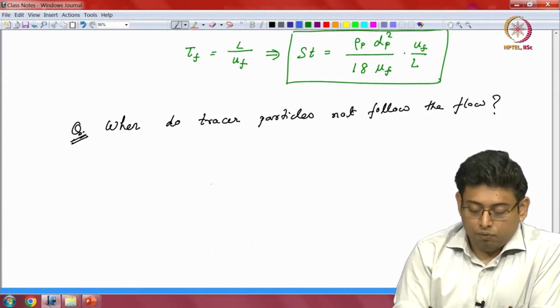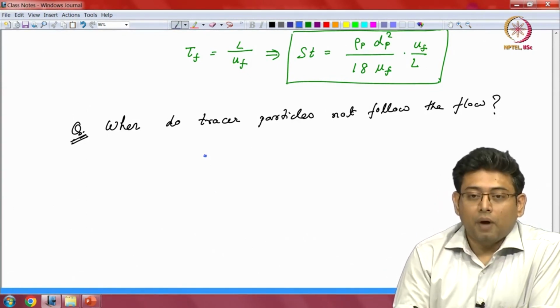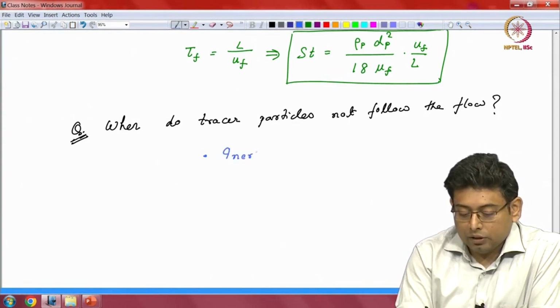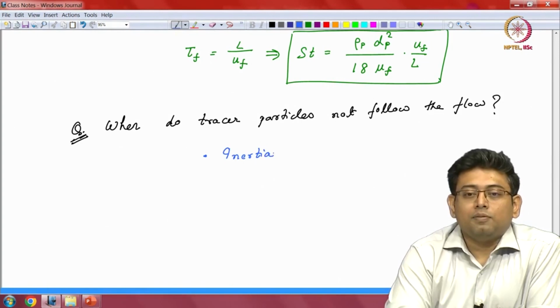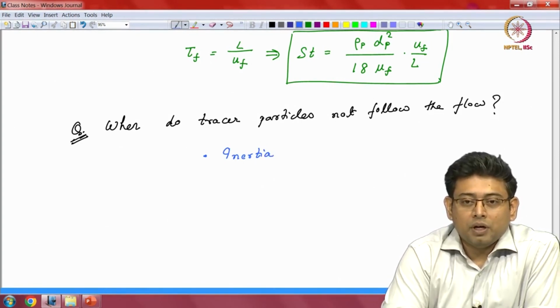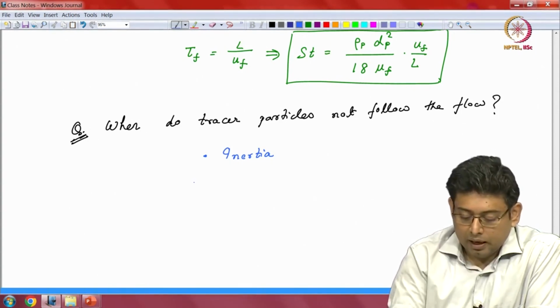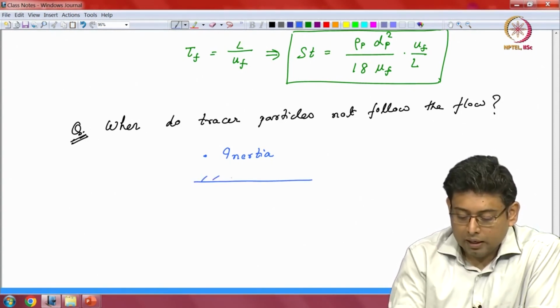Intuitively, the first would be particle inertia. If the particle had no inertia at all, it would always follow the flow field, irrespective of how sudden or how difficult the flow field is to follow. A good example of this can be a shock wave in a channel.